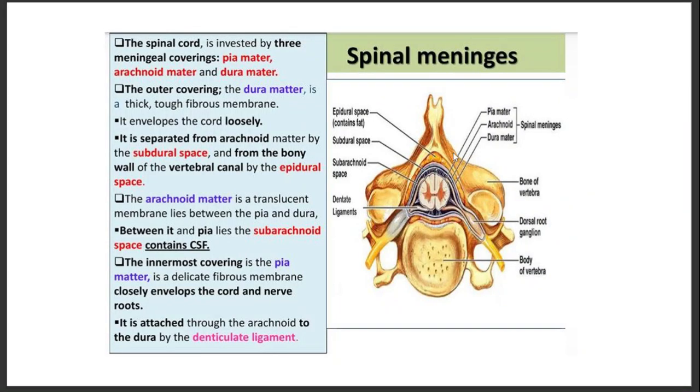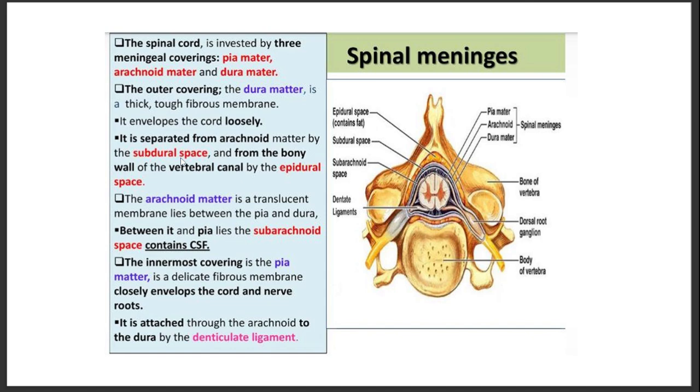So the spinal cord is also covered by the same meninges that cover the brain, and it has the pia mater, the arachnoid mater, and the dura mater. The outer covering, the dura, is a thick, tough, fibrous membrane, and it envelopes the spinal cord loosely. It is separated from the arachnoid mater by the subdural space.